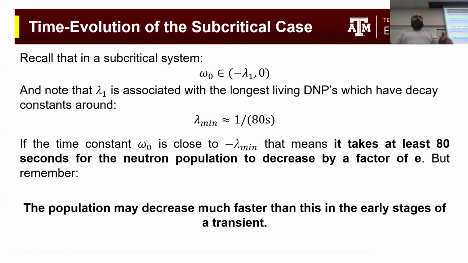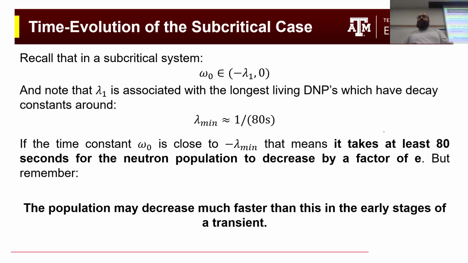So if it was subcritical, that meant the reactivity insertion was negative, and it meant that our omega zero was bounded between negative lambda 1 and 0. And we already said that lambda minimum is about 1 over 80 seconds. So if that time constant omega zero is around that value, the long-term behavior is going to be dominated by omega zero, which looks like lambda minimum, so 1 over 80 is what my time constant looks like.